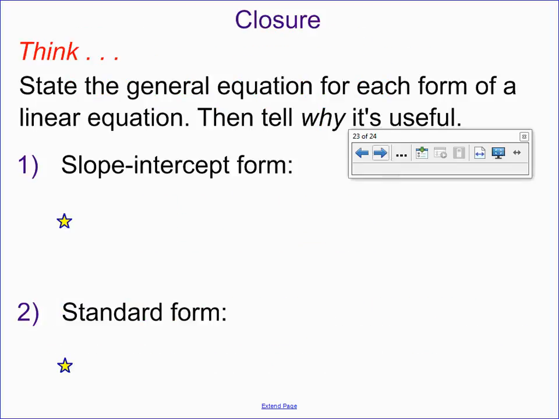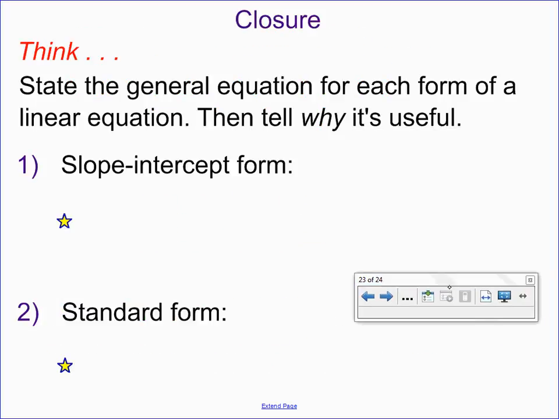Let's go ahead and take a look at our closure for today. So, think. On your paper, state the general equation for each form of a linear equation, then tell why it's useful. So we're going to write down slope-intercept form, the general form with just letters, and then I put a little star here. That's why the form is useful.